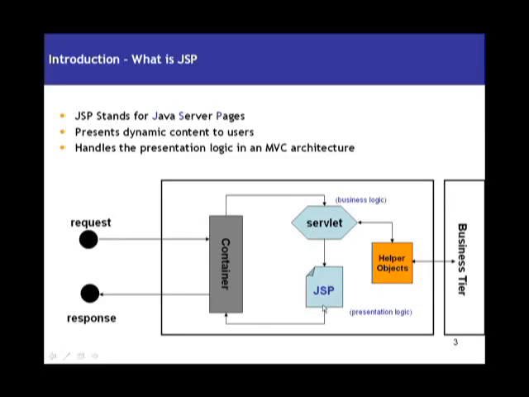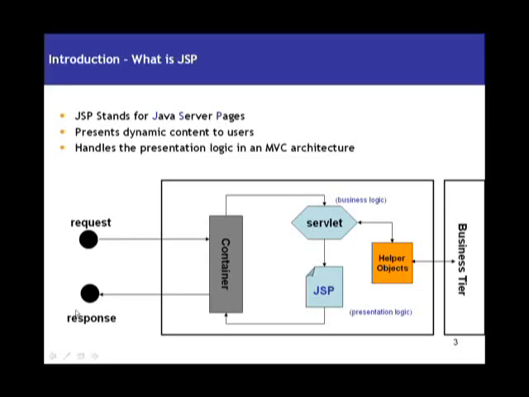So this acts as a presentation layer where you write your HTML with some dynamic code where you add your Java, right? So that's the reason it's used to present dynamic content. And once JSP does all its processing, it sends back the response to the container, which will again send back the response to the end user, right?